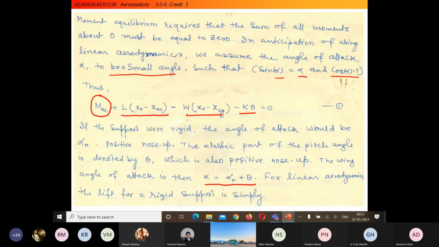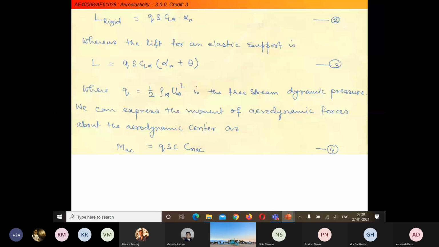For linear aerodynamics, the lift force for a rigid support can simply be calculated as Q, the dynamic pressure, multiplied by the planform area, multiplied by CL alpha into alpha R. That is the rigid lift, and the elastic lift will be QS CL alpha multiplied by alpha R plus theta, as we have taken in the earlier case.